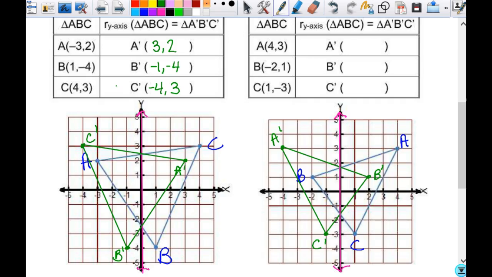But since I'm reflecting in the y-axis, the y value stays the same, and you change the sign on x. And it looks like that. We all good with that?